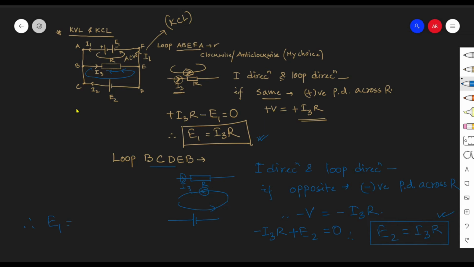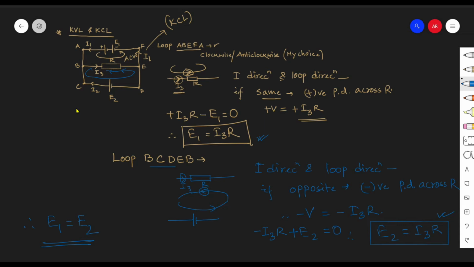When the current direction is the same as the loop, it is a positive PD. Positive PD means I times R. You look at the resistor, which current is flowing through it, and that current multiplied by that resistor is the PD. The PD is positive or negative depending on the direction of current and the direction of the loop you considered, either clockwise or anticlockwise.